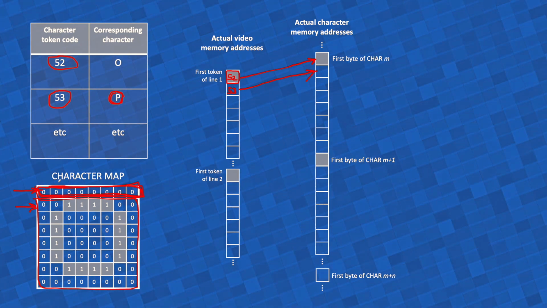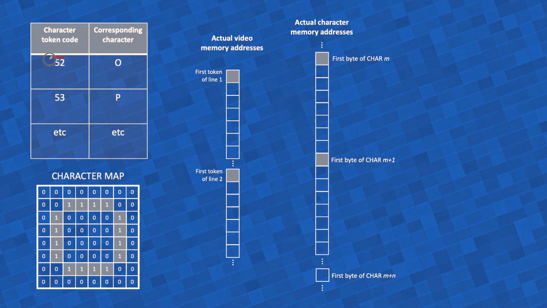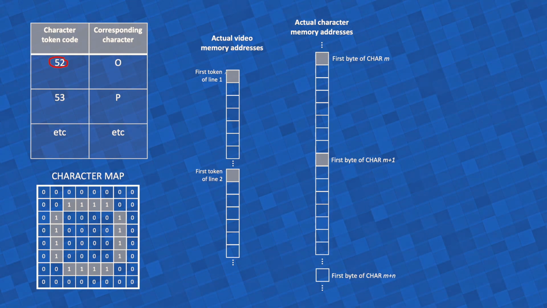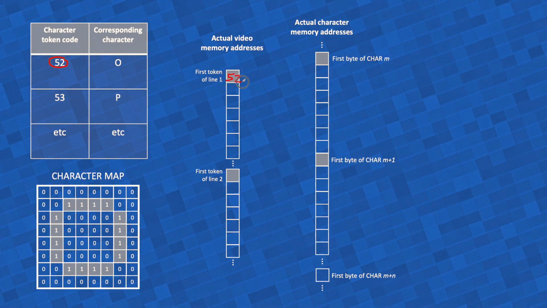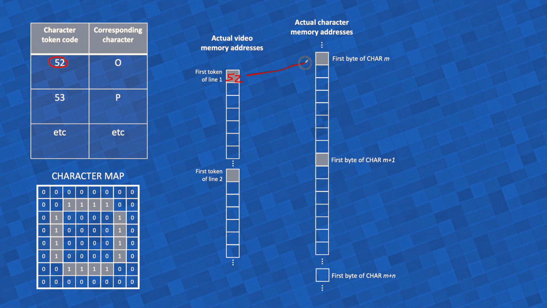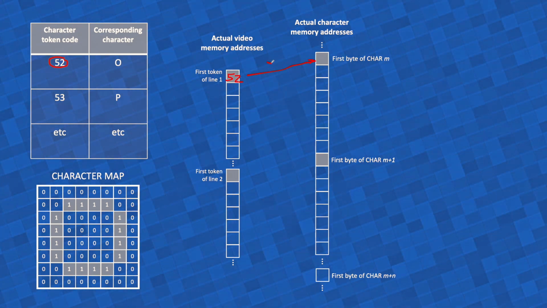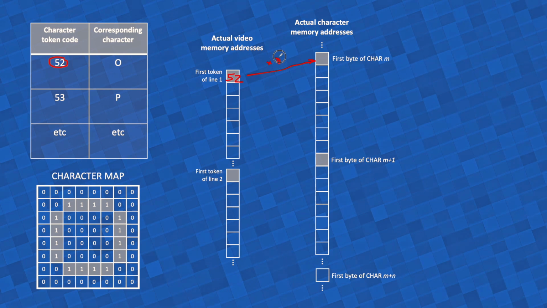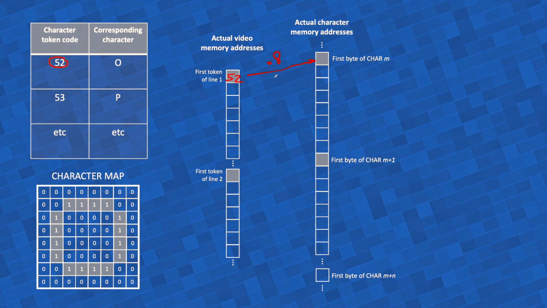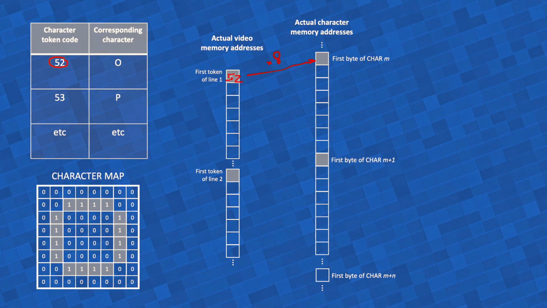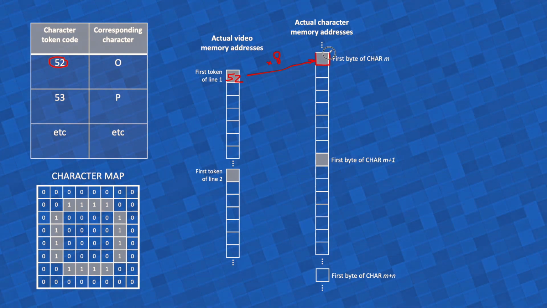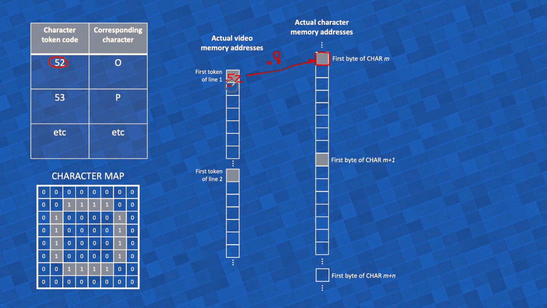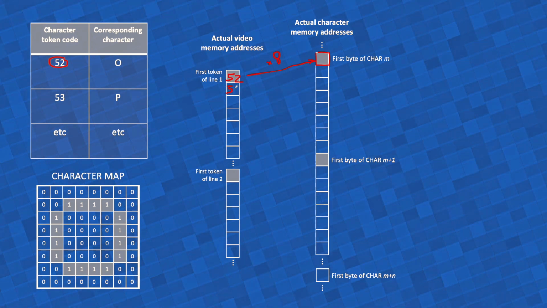What we actually have to do is take each token code that is here in the video memory, and the hardware has to multiply each one of them by 8 in order to create space for all the 8 bytes in each character map. So suppose you have the O, 52 times 8, suppose it would point here. Then the next one is 53 for P in the word oppression.